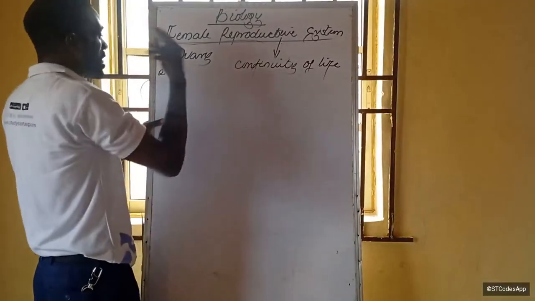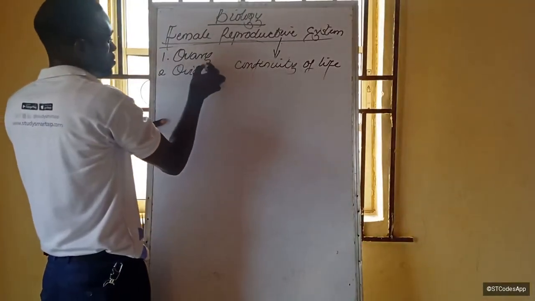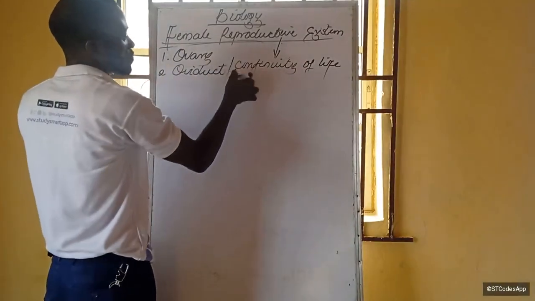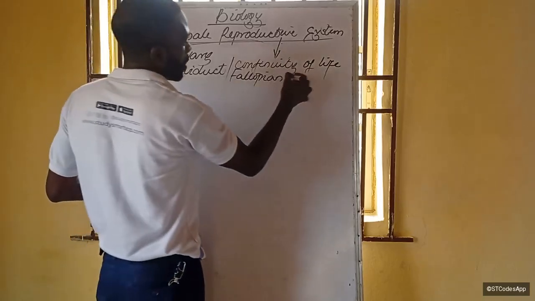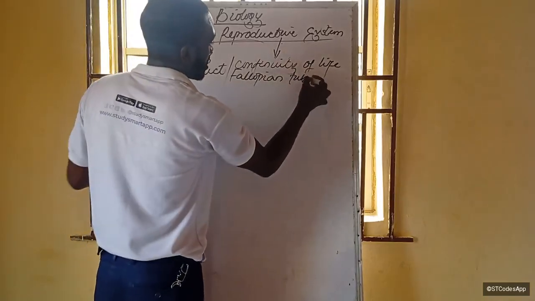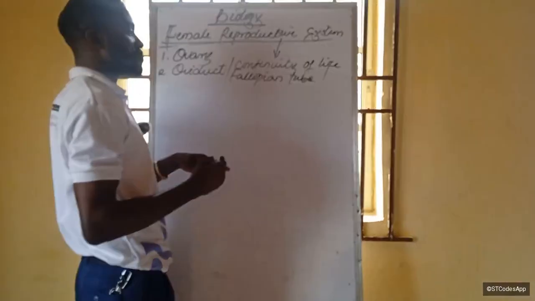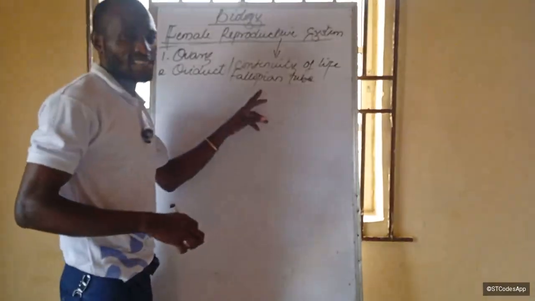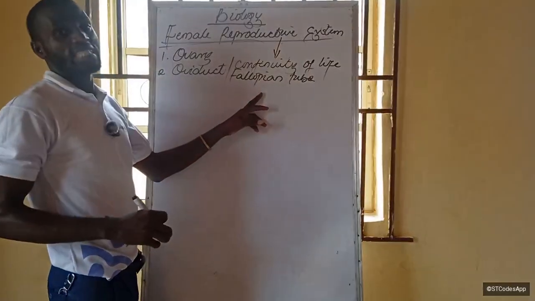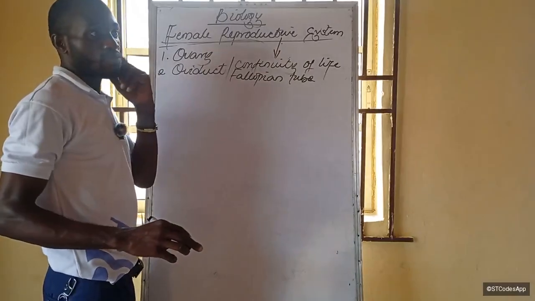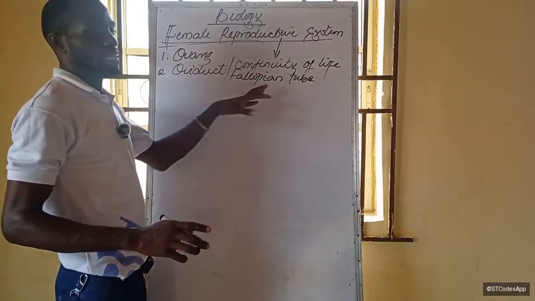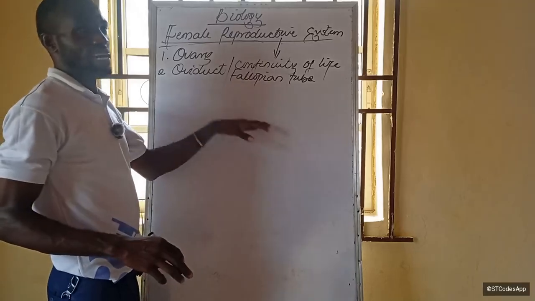Now the next thing is the oviduct. The oviduct is also called the fallopian tube. It is named after a person, Gabriel Fallopius, who in about the 16th century debunked one idea by a certain scientist.